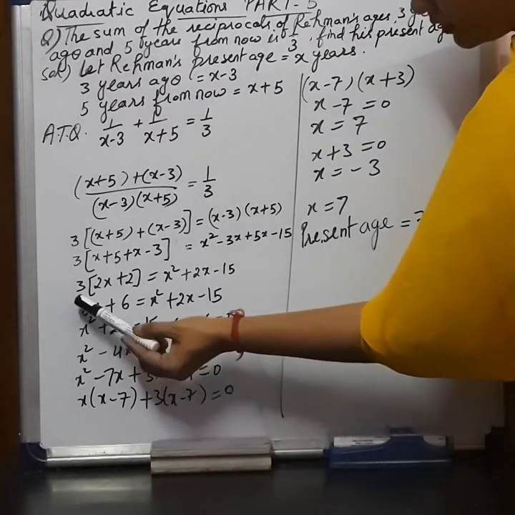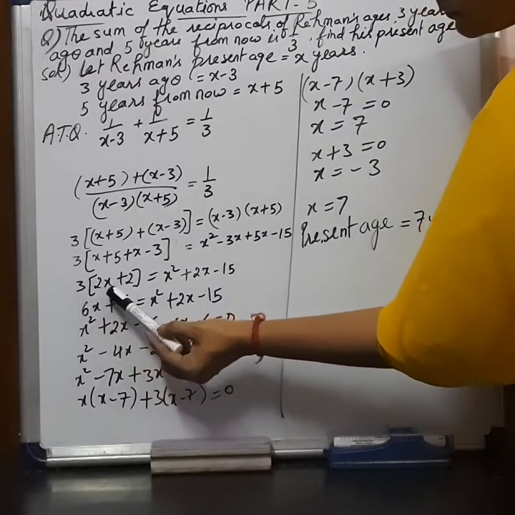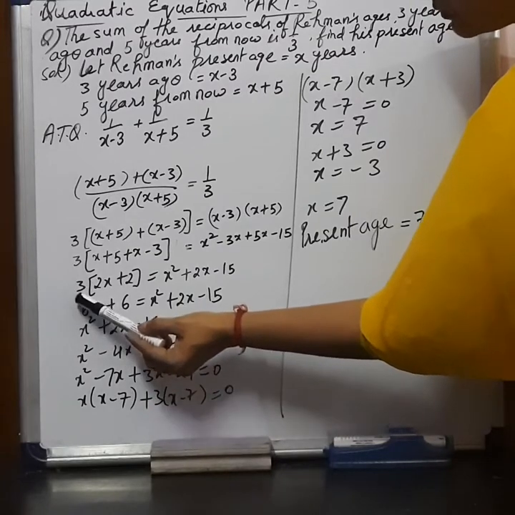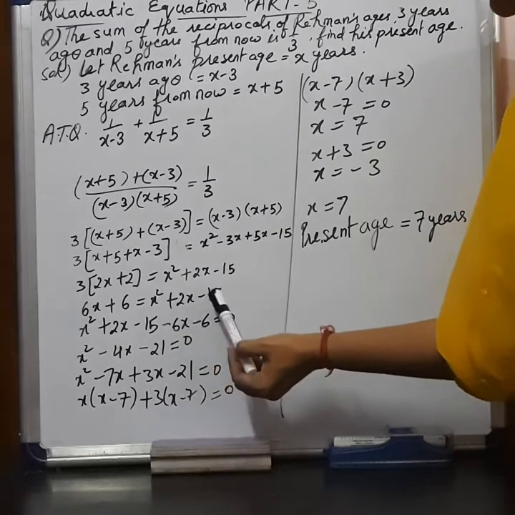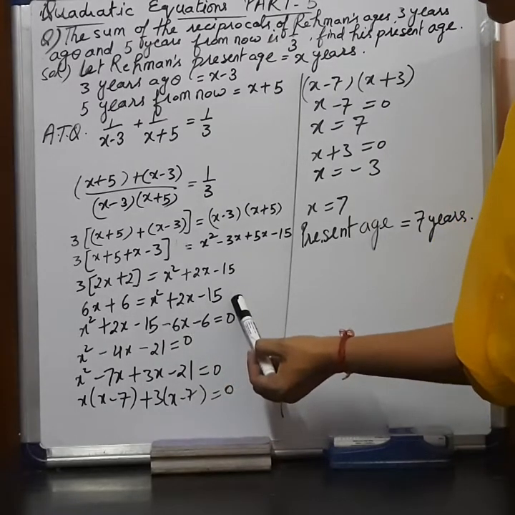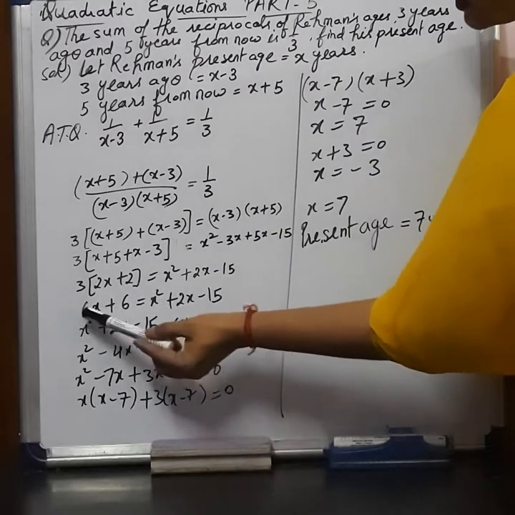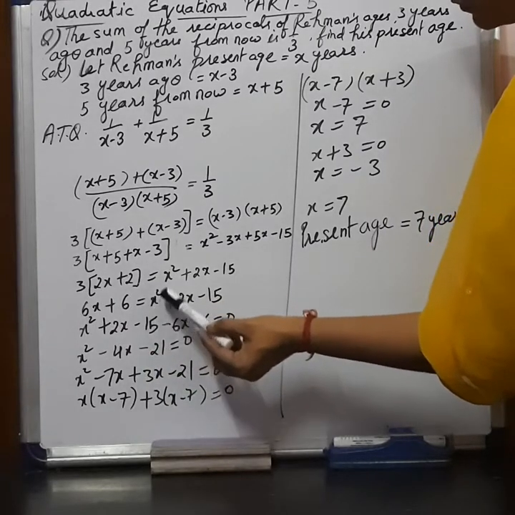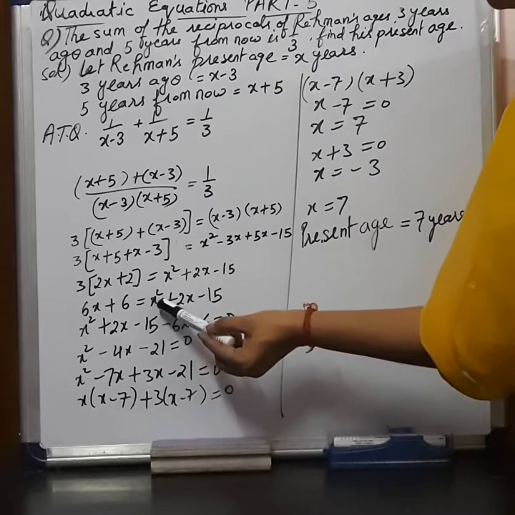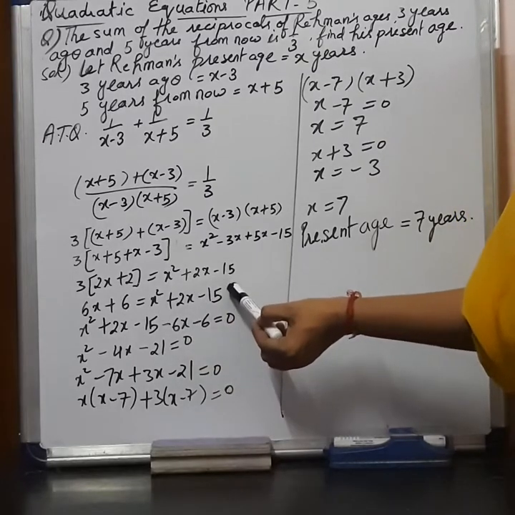Here you will open this bracket, 3 multiplied by 2x is 6x, 3 multiplied by 2 is 6, is equal to x square plus 2x minus 15. Now you will take these terms to one side. Because x square we have to keep in positive terms, we will not change these terms.